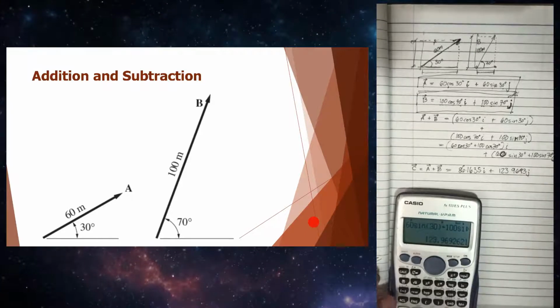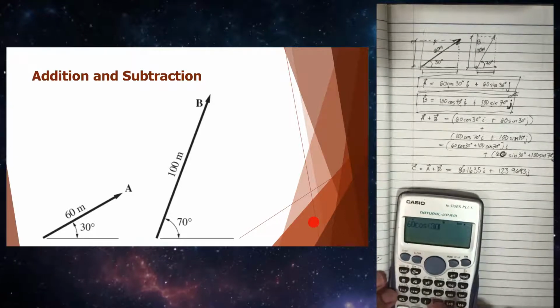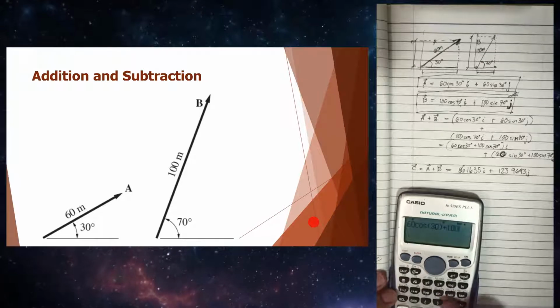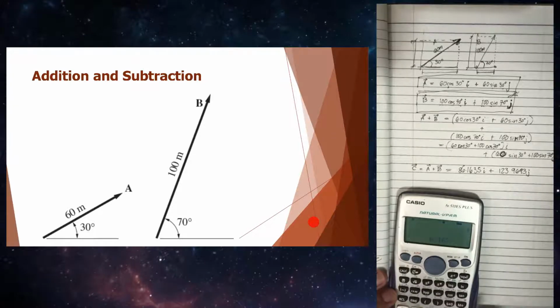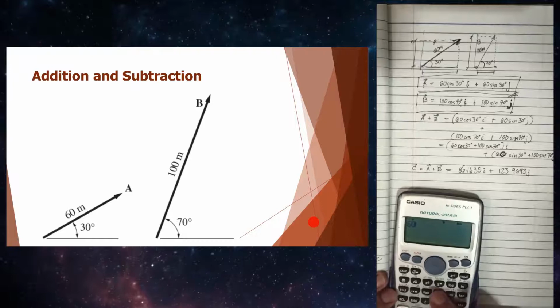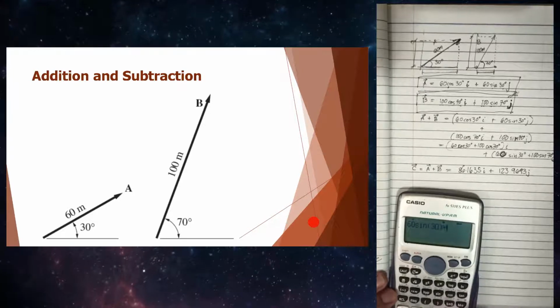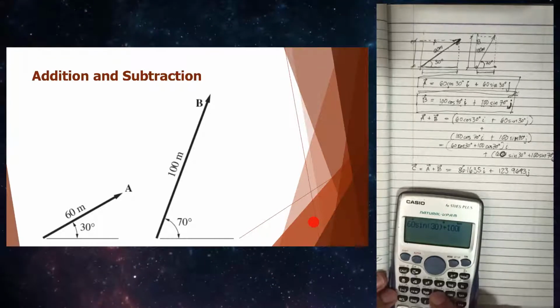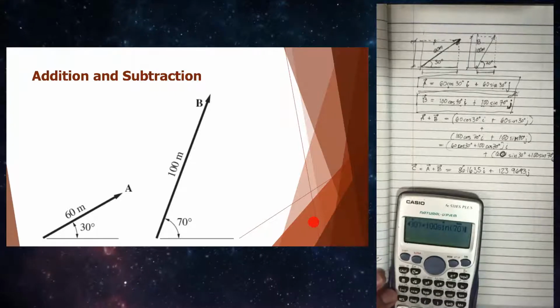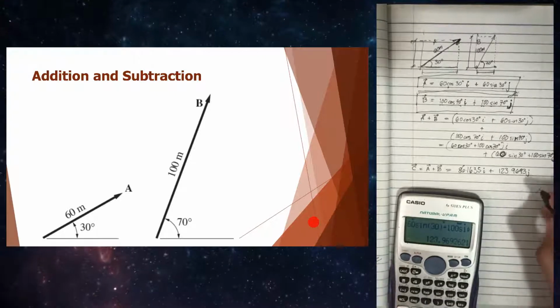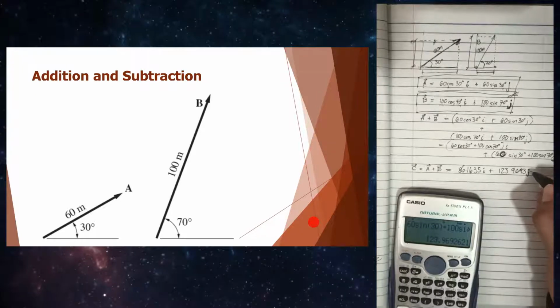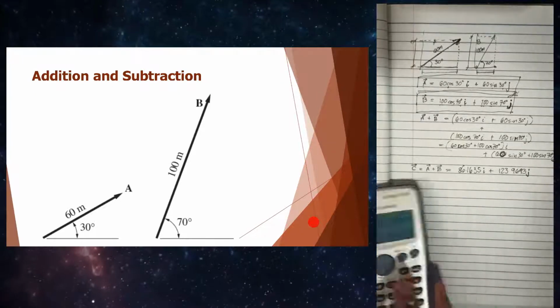Okay, double check ko lang. 60 cosine 30 plus 100 cosine 70 equals, tama naman, doon nagkamali ng pindot, sine 30 plus 100 sine 70. Ito yung mahirap sa lecture, ako lang nagdo-double check ng sarili kong sagot.